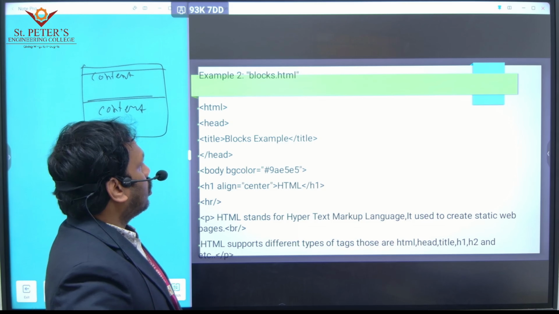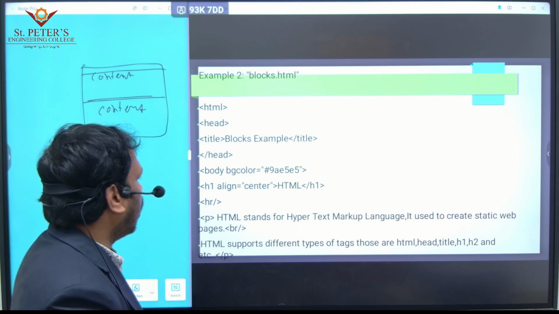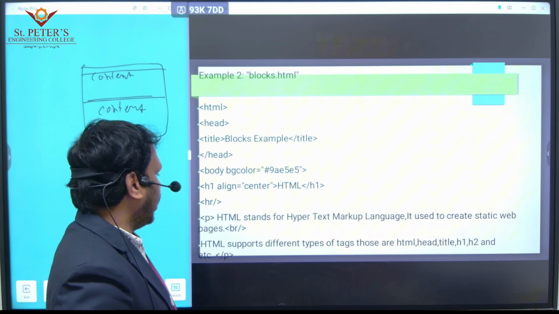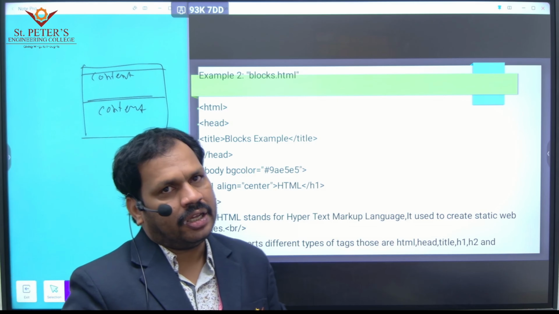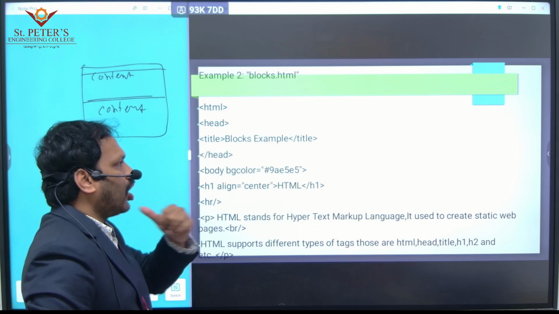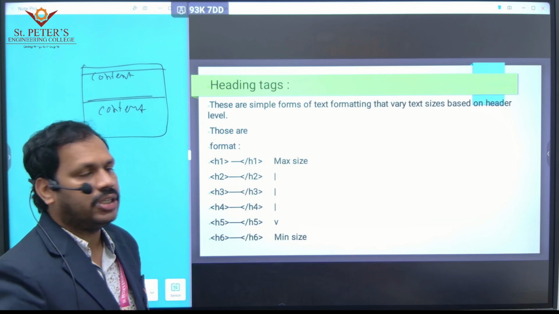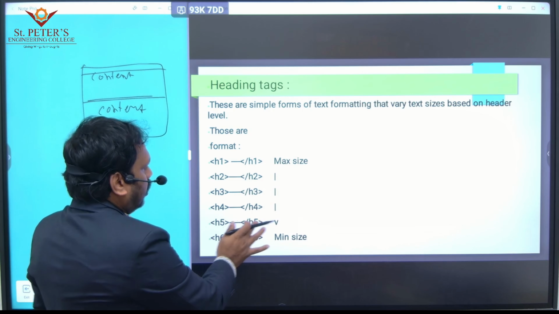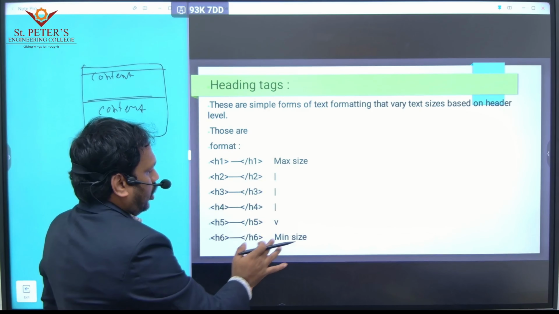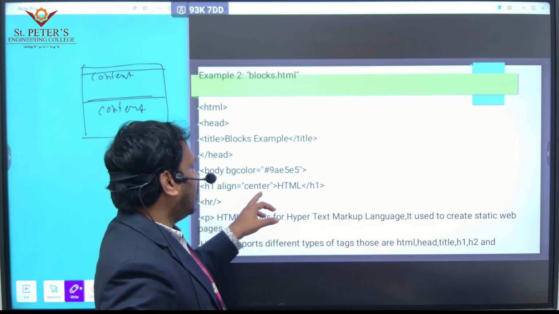Next, blocks in HTML, this is going to be another example we are going to be discussing. How we are going to be using the HR tag and paragraph tag inside an HTML document. HTML head and the title is going to be blocks example, and body background color, I have taken some color here, and h1 align is equal to center.